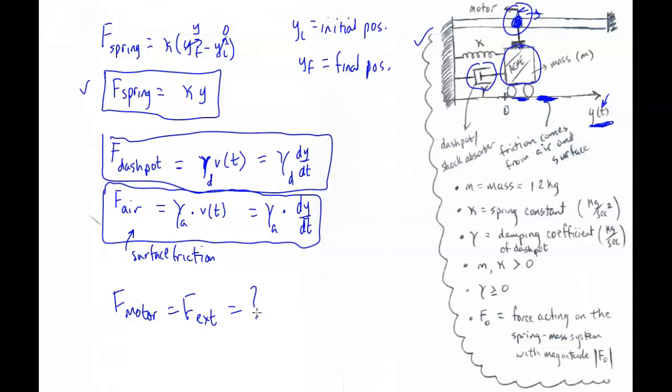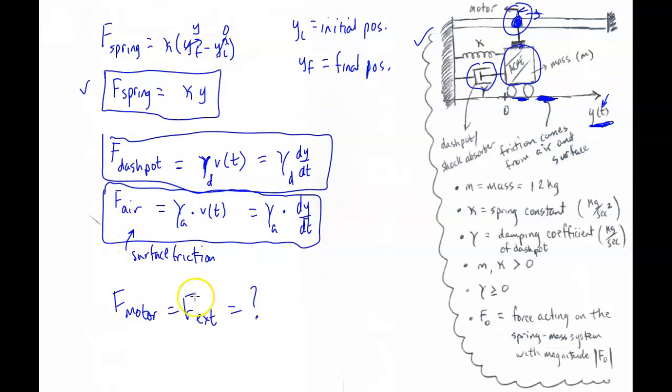We could also have the motor on and apply 5 newtons to this system continuously from time t equals 0 to infinity. In that case, it'll just be 5 and last forever. Whatever it is, we will deal with that part later.